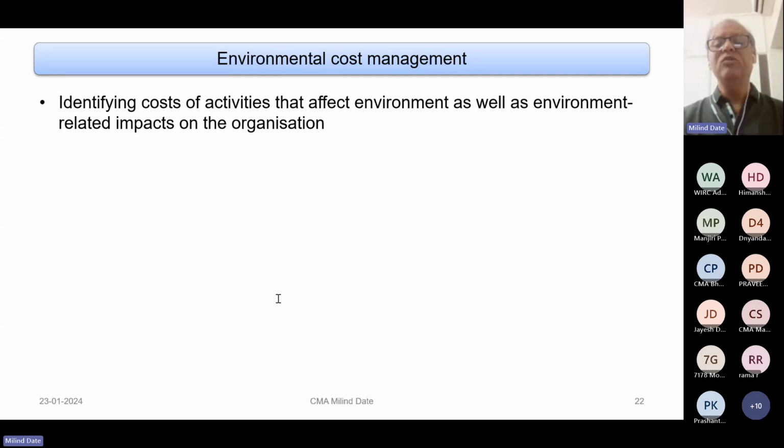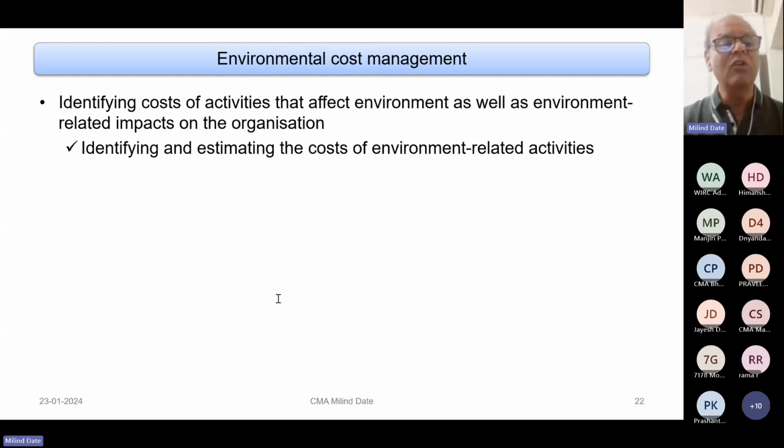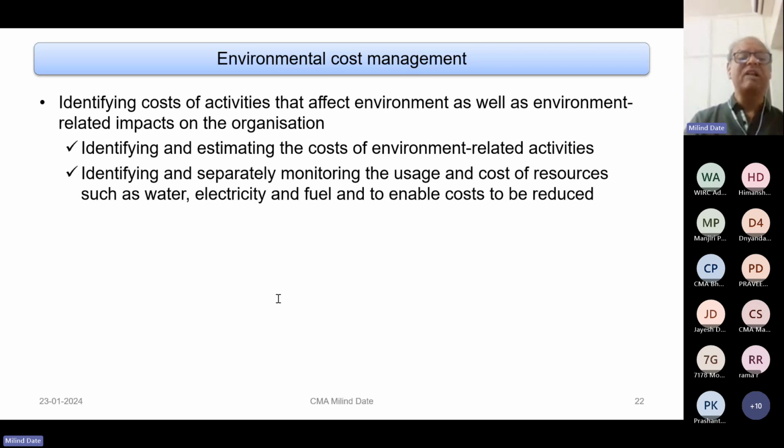And therefore, what you need to do is to estimate all the environment related activities that you perform and naturally the cost thereof. You have to separately monitor the use and the cost of resources. Which are those environmental related resources?